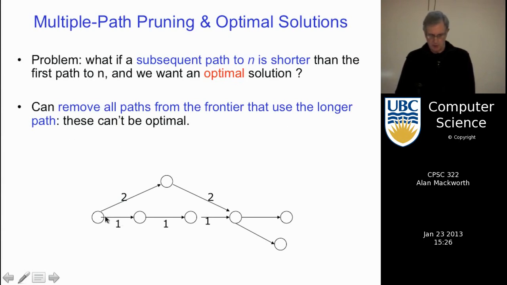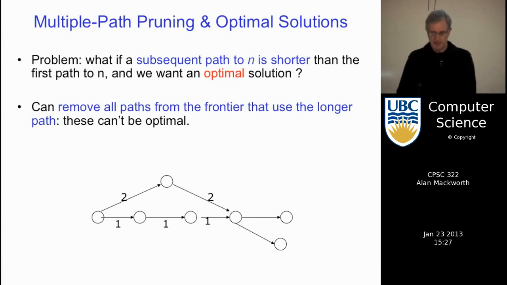Suppose I first found this path to there, which has a cost of 4 to get there. But then later I expand this path, I get there, and I find that this is 3. I might have already expanded this path beyond that node to here, and I subsequently expand this one. You might ask, why can that happen? Well, we'll see an example in a minute.